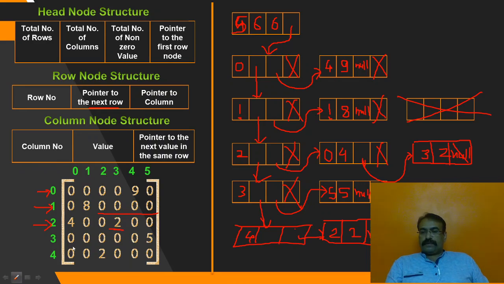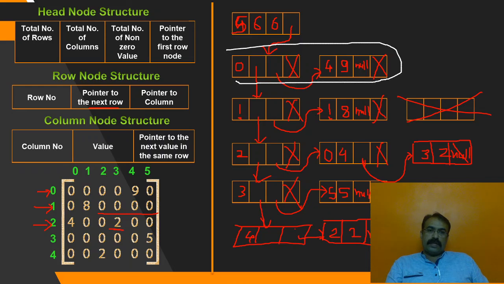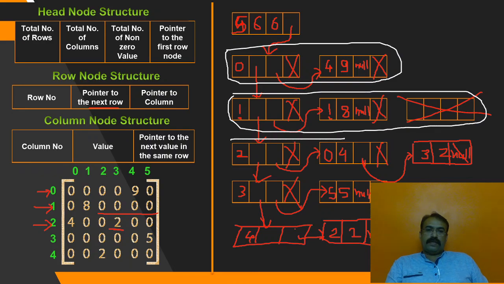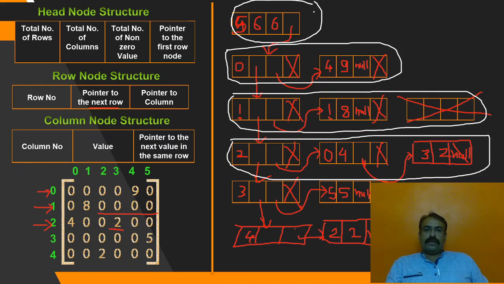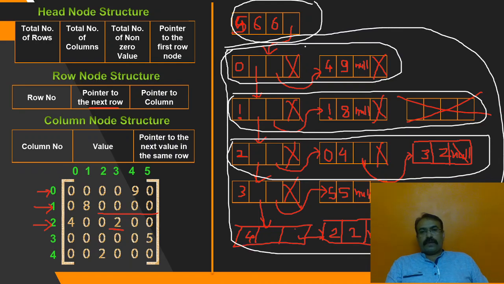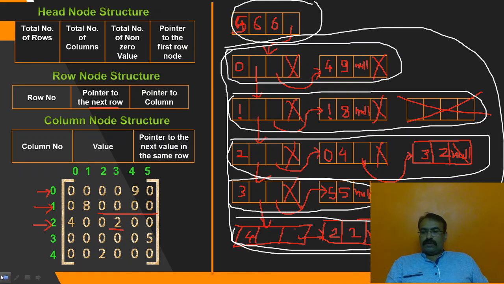Now I am saying list of a list. You can find that this is a whole list out of which we have this single list. Getting me? So actually this particular head node is pointing to this whole list in which we have this separate list.